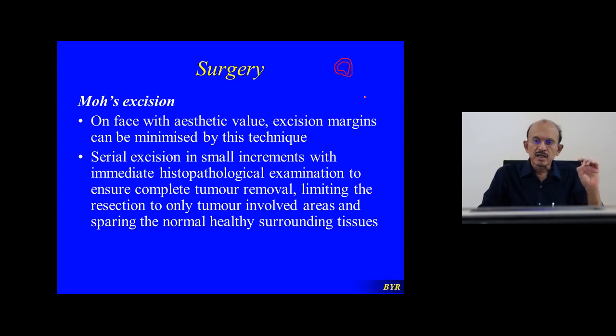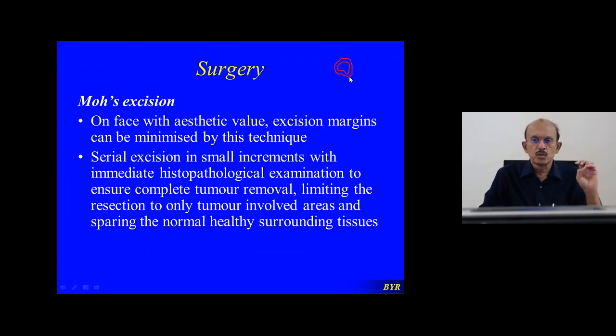Then immediately you send the specimen for frozen section biopsy. So for the frozen section biopsy, they will see the specimen, confirm the diagnosis, and study the edge. You have removed the specimen and sent it, so they study the edge at multiple places and see if the edge contains tumor cells or not.